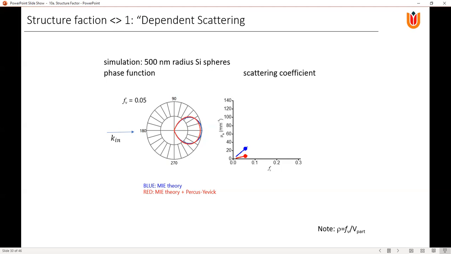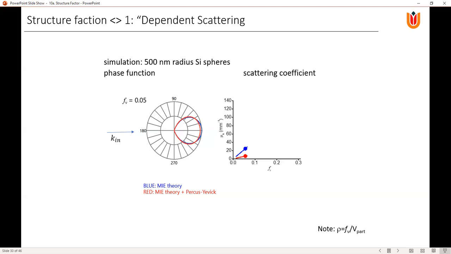So this would be totally in the forward direction, and then as you go along that polar plot, it is symmetrical. What you do see here is that for this low volume fraction, this redistribution changes a little bit, but it is not much different yet from the single particle.